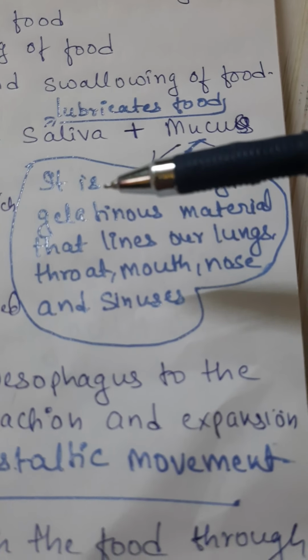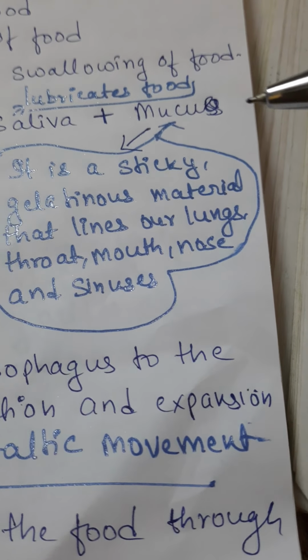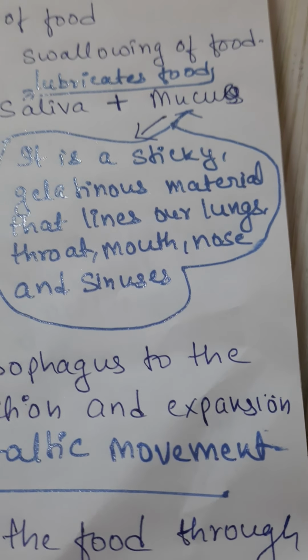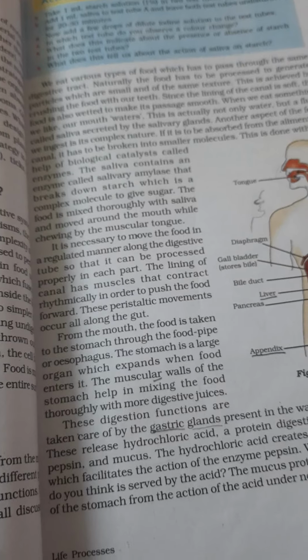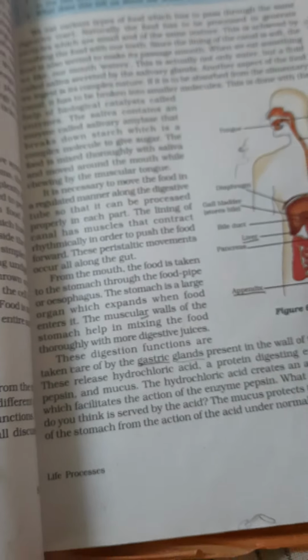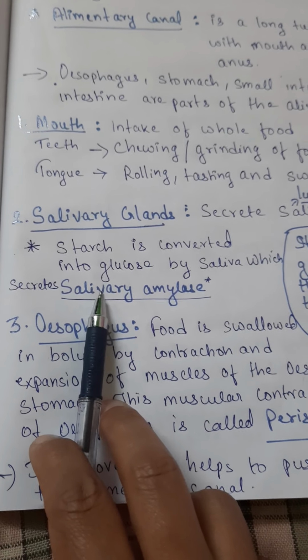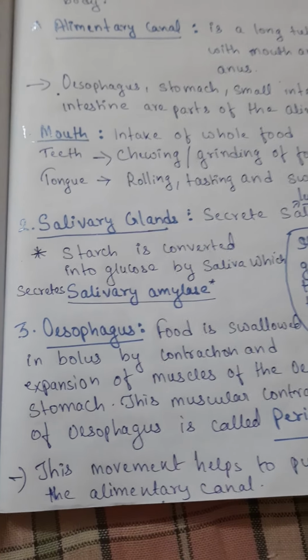Mucus, its definition is like this: it is a sticky gelatinous material that lines our lungs, throat, mouth, nose and sinuses. चिप्लो चिप्लो हुन्छ, it protects these things, mouth and all, from external factors. Then the salivary gland also secretes salivary amylase. This salivary amylase helps the starch to convert into glucose.